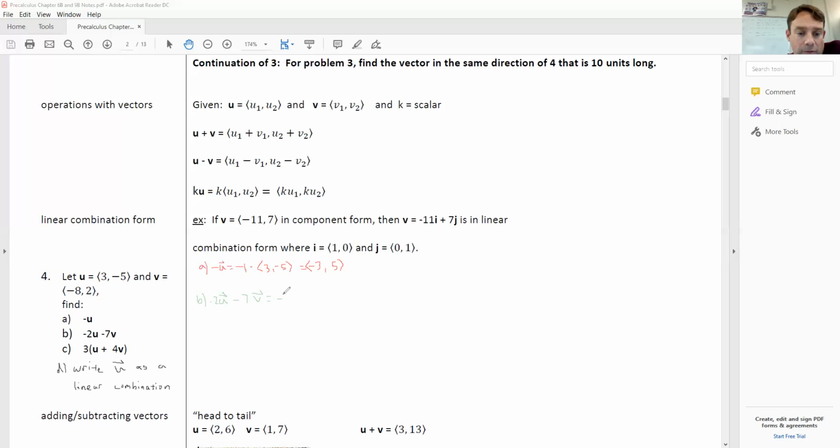All right, so negative 2 times 3, negative 5, and we have negative 7 times v, which is negative 8, 2.